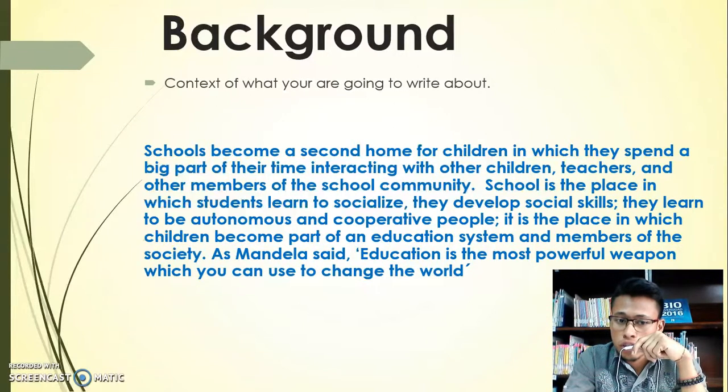School is the place in which students learn to socialize, they develop social skills, they learn to be autonomous and cooperative people. It is the place in which children become part of an education system and members of society. As Mandela said, education is the most powerful weapon which you can use to change the world.